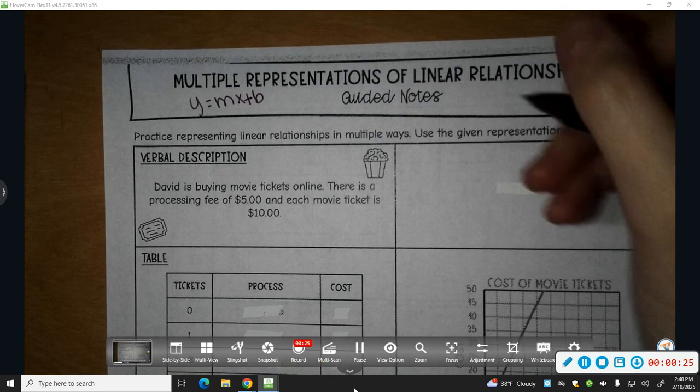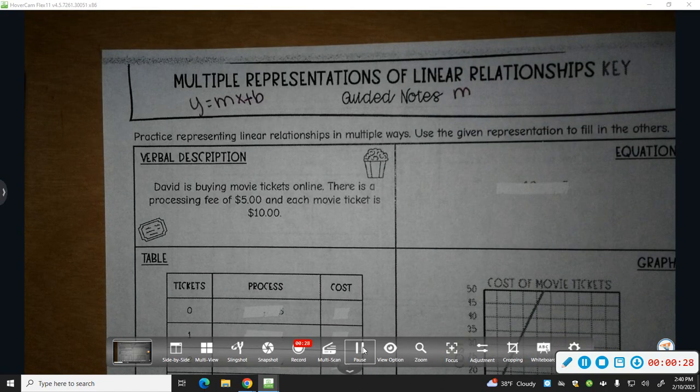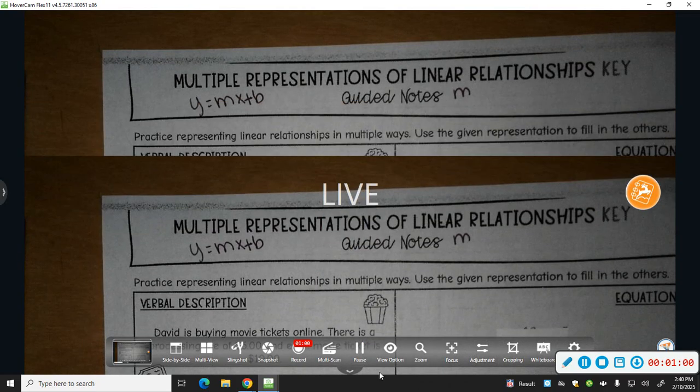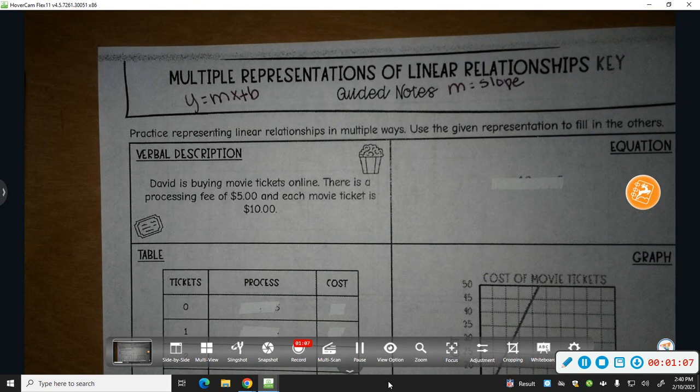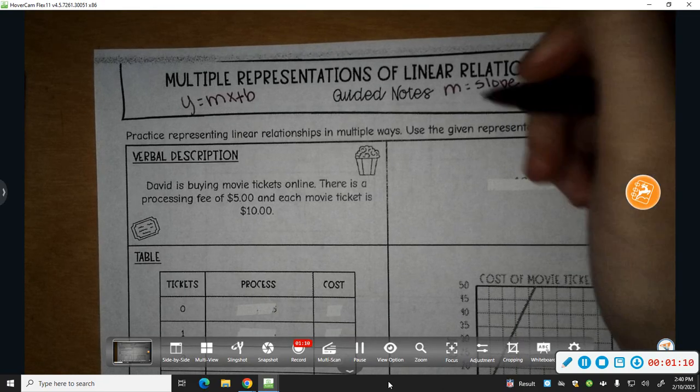Okay, we know that m stands for our slope, and the way that I want to help y'all remember this is that slope always goes next to x.